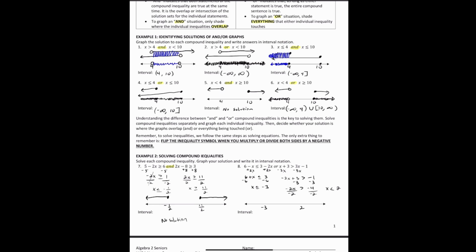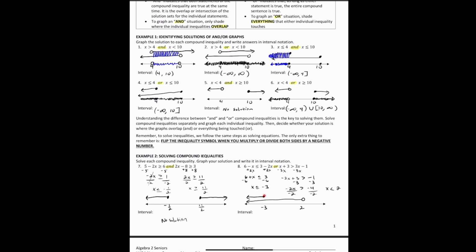So we'll write negative 3 and positive 2. Negative 3 is included, and we're going to be shading to the left because it's a less than or equal to sign. And then at 2, we have an open dot, and we are going to shade to the left because it's a less than situation. So, since we have an or situation, we can analyze the problem. We are going to look at x is less than or equal to negative 3.